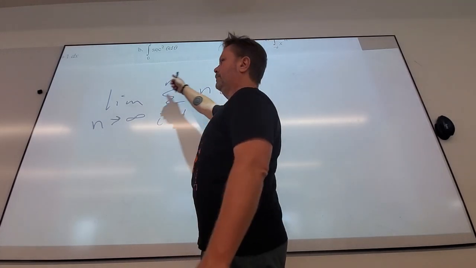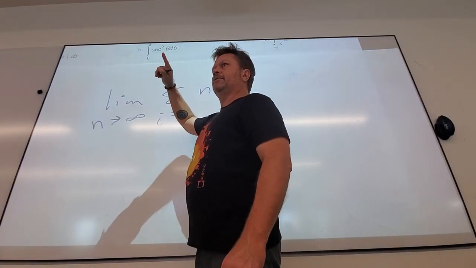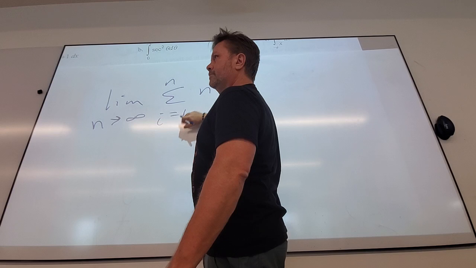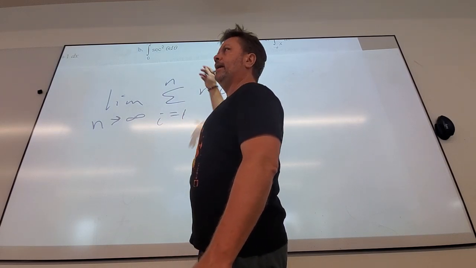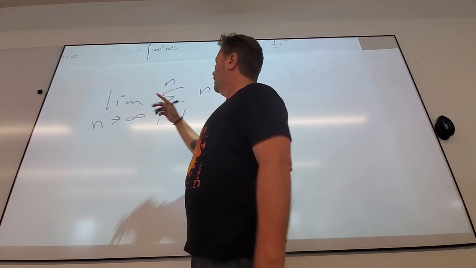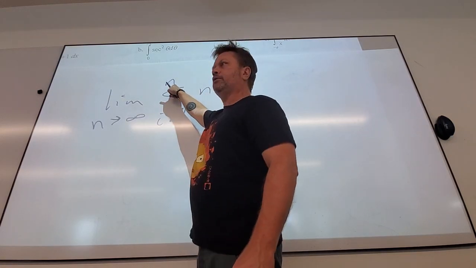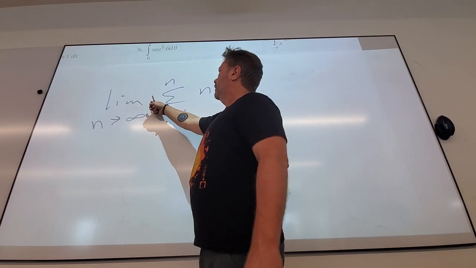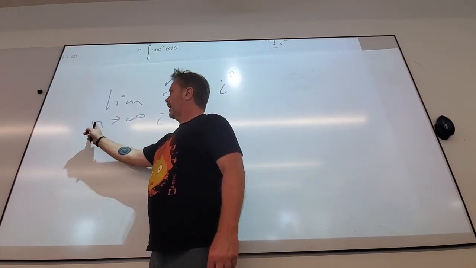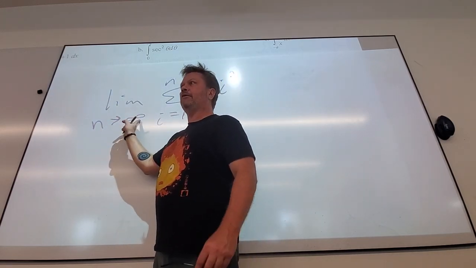Could the i squared come out? No. Why not? Because this symbol is letting i change. i is not the same thing in every term. It is the part that's actually changing in every term, yes? n is a constant. It's the same, so I can bring it out. Can I bring it all the way out? No. Because this guy sees i as the variable, yes?